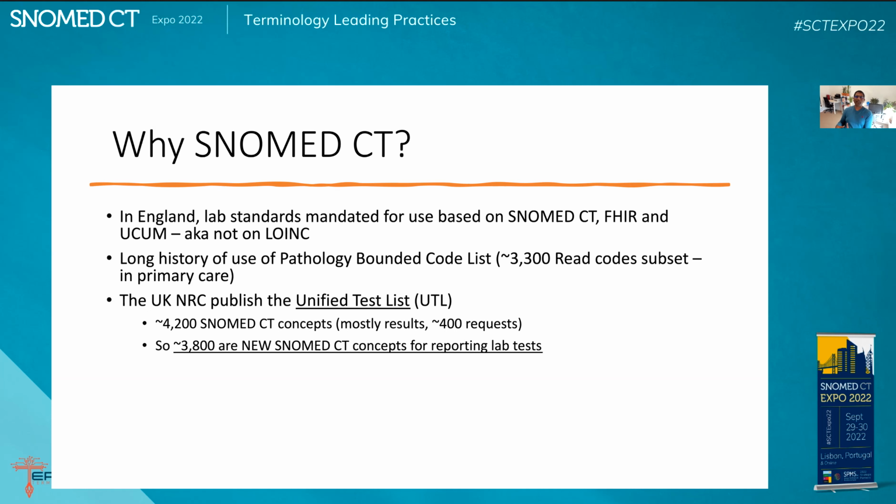It's SNOMED CT, FHIR, and UCOM for sharing lab results. And of course, the UK has a long-standing history of using something else called the PVCL, about 3,000 something codes, lead codes for sharing lab results, certainly in primary care. The background to this work is that for the past 2 or 3 years, the UK NRC, NHS Digital, has kicked off a piece of work that has published what we call the Unified Test List, or the UTL.